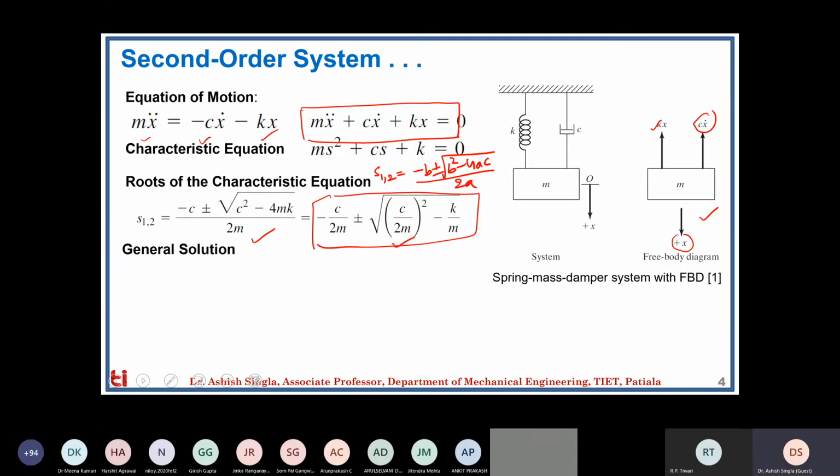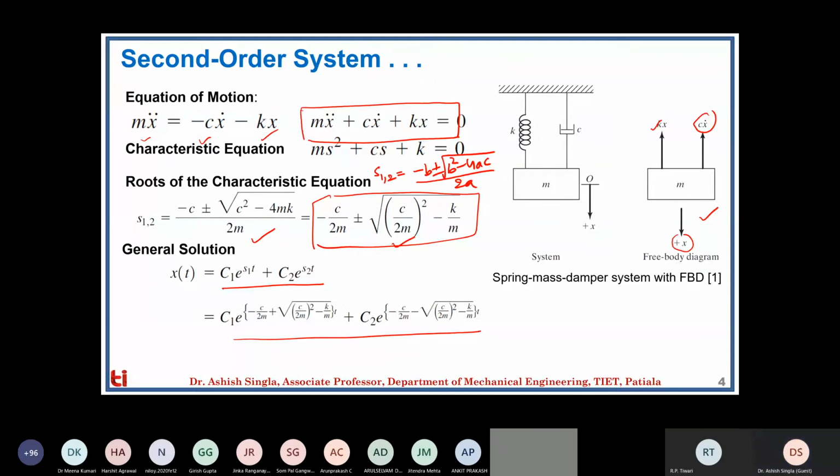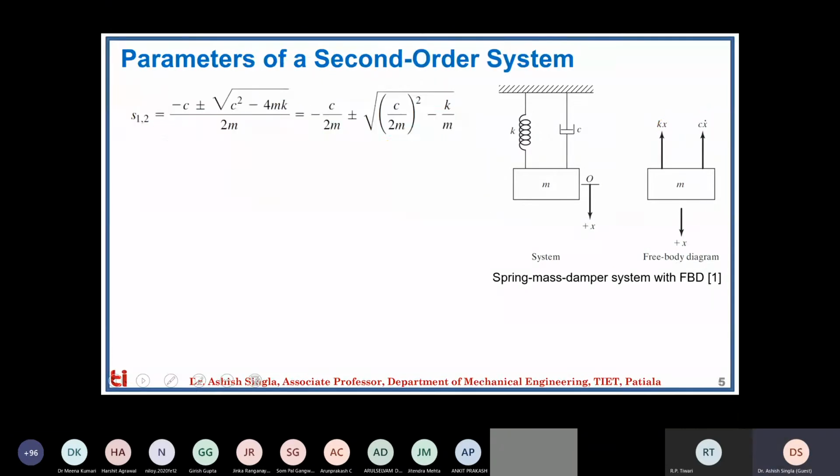After calculating the roots, we have the general solution of any second order differential equation as c1 e raised to the first root plus c2 e raised to the second root, so c1 e raised to s1 t plus c2 e raised to s2 t. If we plug in the values of s1 and s2, we get this expression as the general solution. This general solution we can rewrite over here.